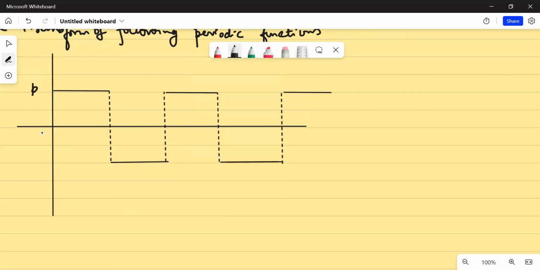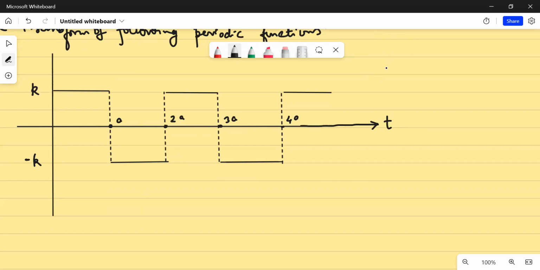So I'm writing k here and minus k. Is that fine? And this is a, this is 2a, this is 3a, this is 4a, and so on and so forth. Is that clear?